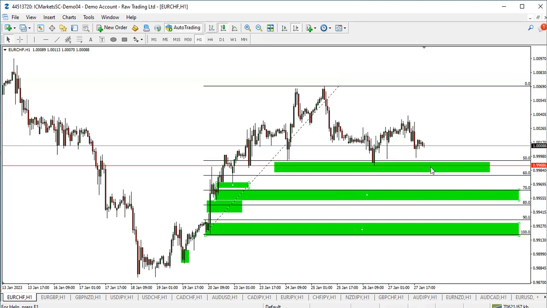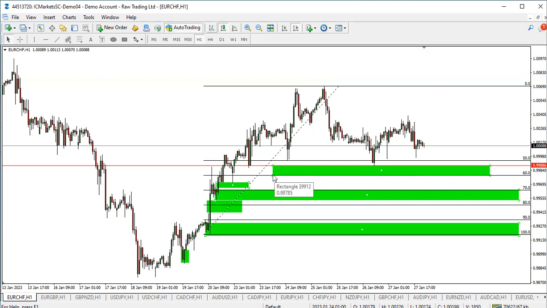Sometimes when they take out these liquidities here, they are not done with it. It doesn't give them what they require. The amount of volume or the amount of money they put in to sell from here to here is far higher than what they made here.